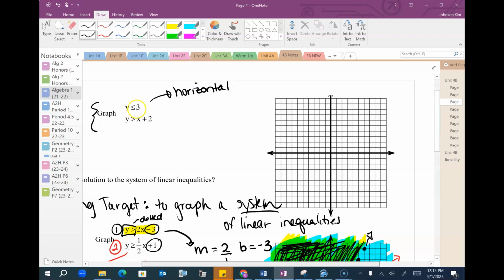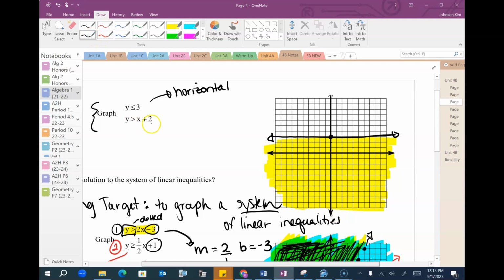So I'm going to find a y value of 3: 1, 2, 3, and I'm going to draw a horizontal line through this. Now, I drew a solid line right away because this symbol was underlined, so I knew I wanted to include the line. To shade that, I want all the y values that are less than 3, so that means I'm shading below. All these numbers under here have y values that are less than 3.